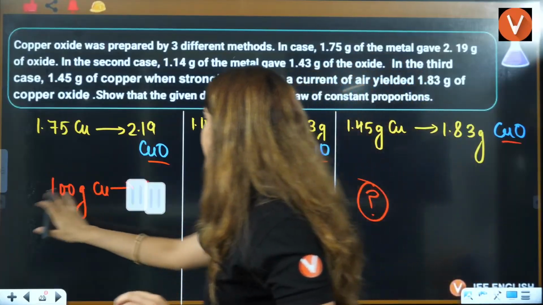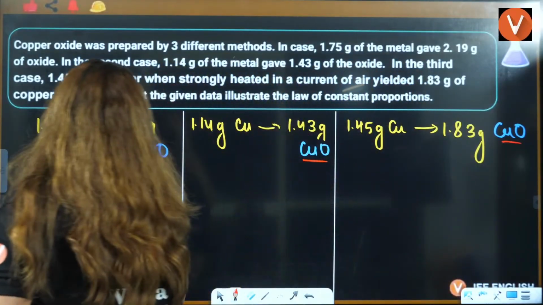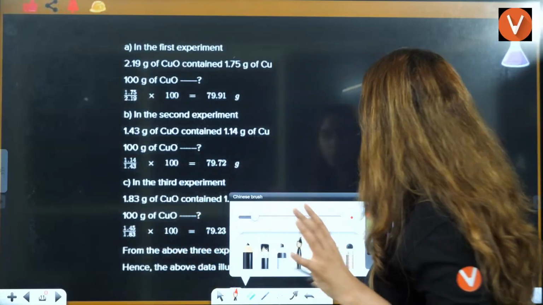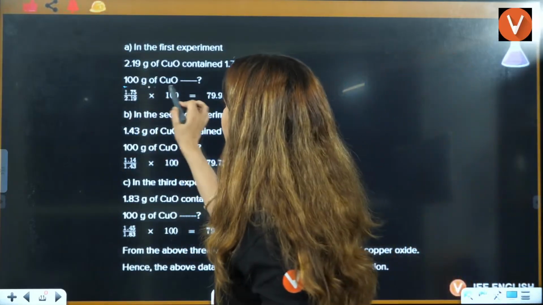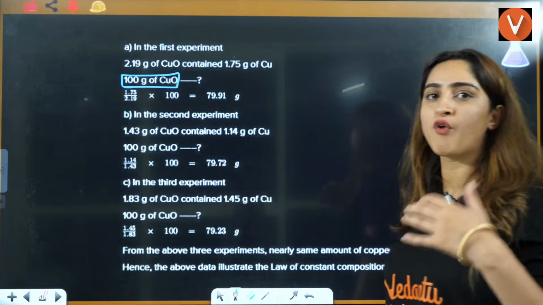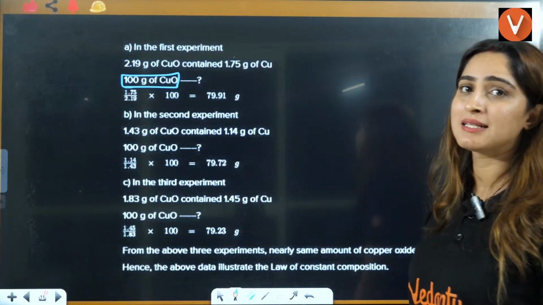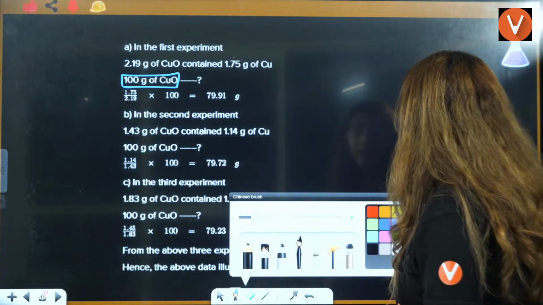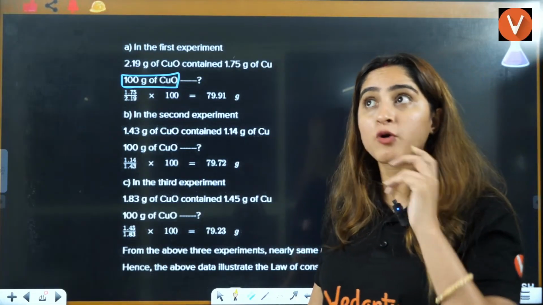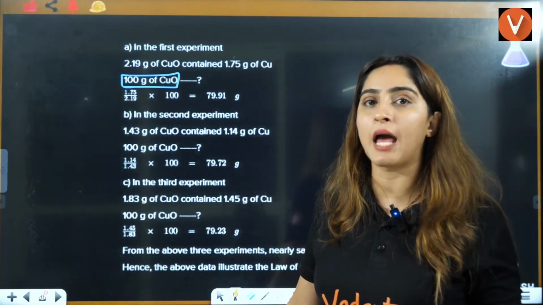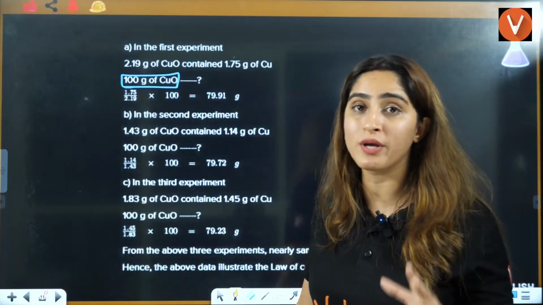So directly what you will do, you will solve it for 100 gram of copper oxide, formed by how much copper, right? Or you can also say how much copper oxide is obtained by 100 gram of copper. That's totally your choice how you want to proceed.